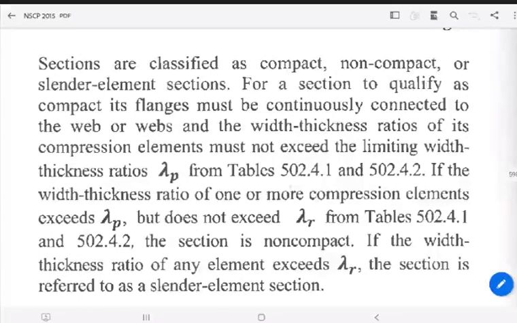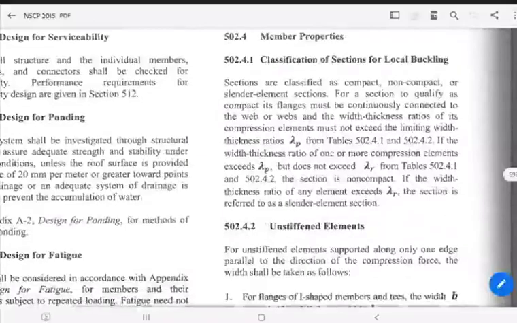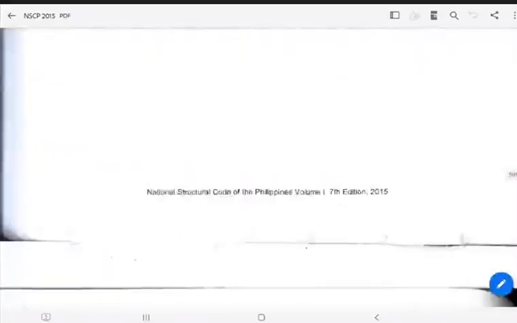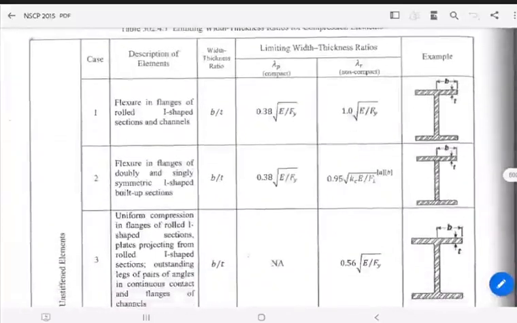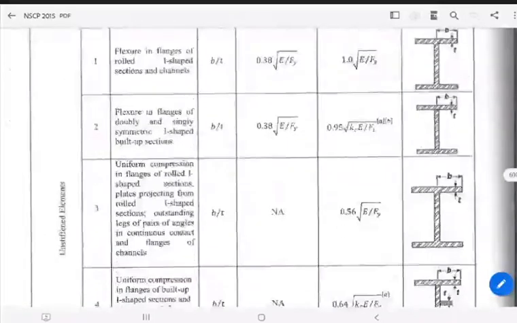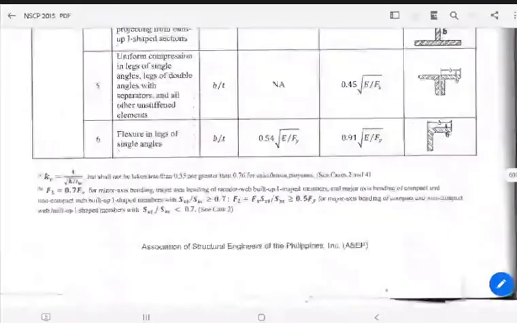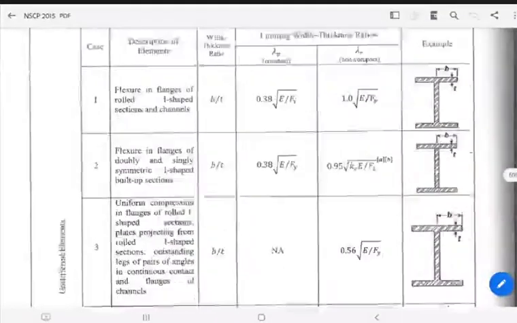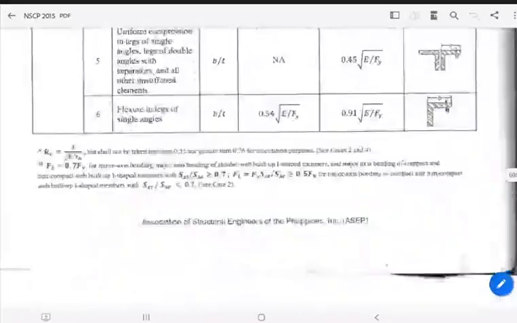Now, if we go to the table 502.4.1, eto. This is for stiffened and unstiffened elements. Table 502.4.1, class, is for unstiffened elements.